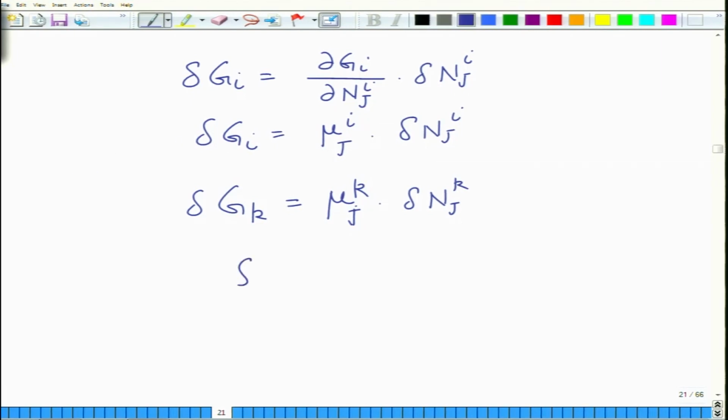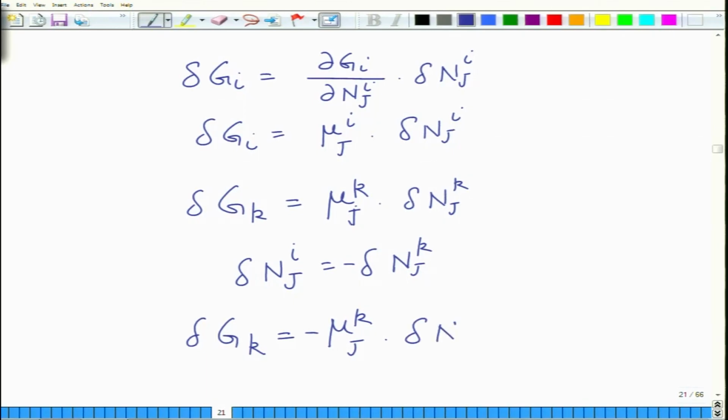But we also know from mass conservation that del Nji is equal to minus del Njk, because the amount of solute which leaves the ith phase is the same as the amount of solute which enters the kth phase. So we can write del Gk equal to minus mu jk into del Nji.